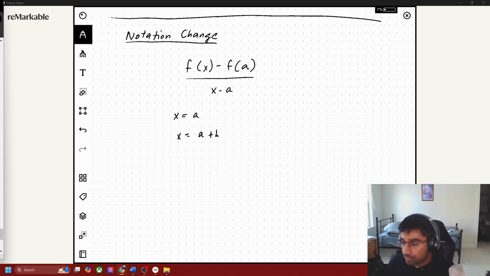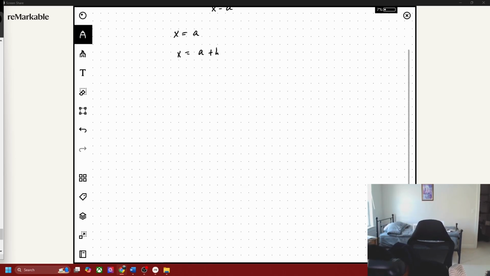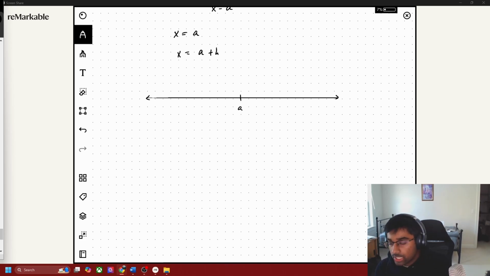So maybe this will make more sense on a number line. Let's try that out. You have your number line here, and you have your a value, and that's the one you're solving for. And you want to find the limit, the instantaneous rate of change.